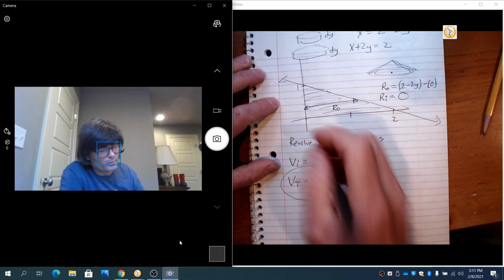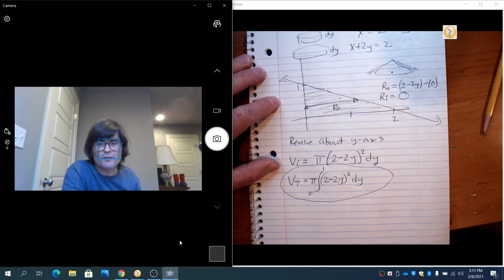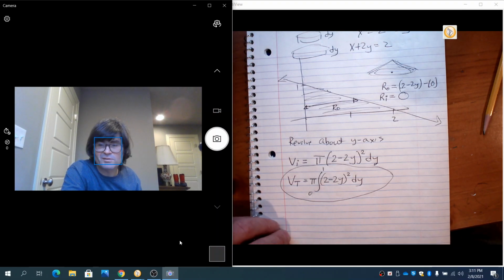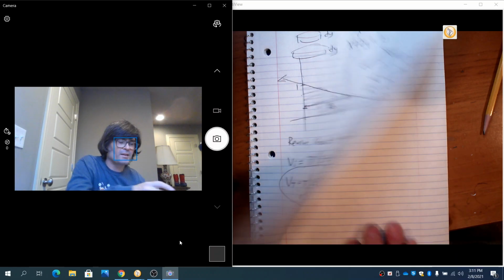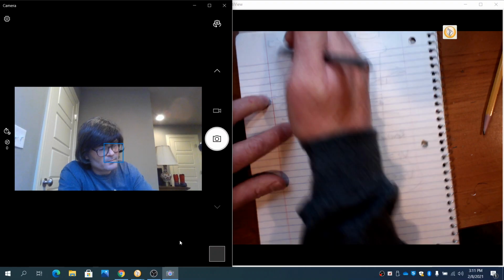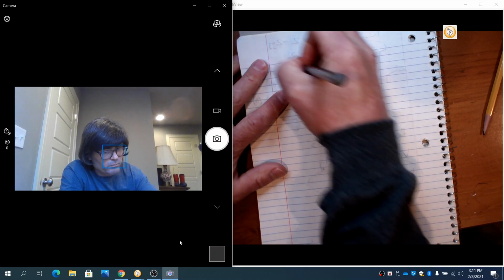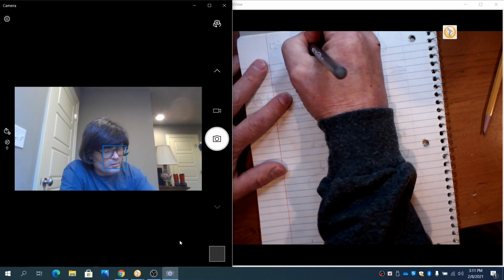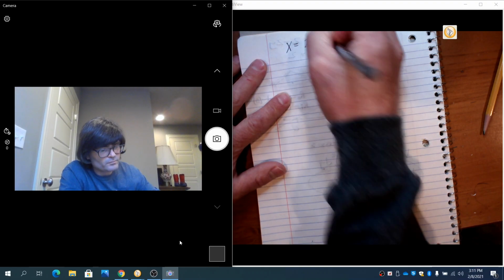And while we're here, let's do this again, revolving it around a non-y-axis, maybe x equals -3, and try this same problem again. Two minus 2y.